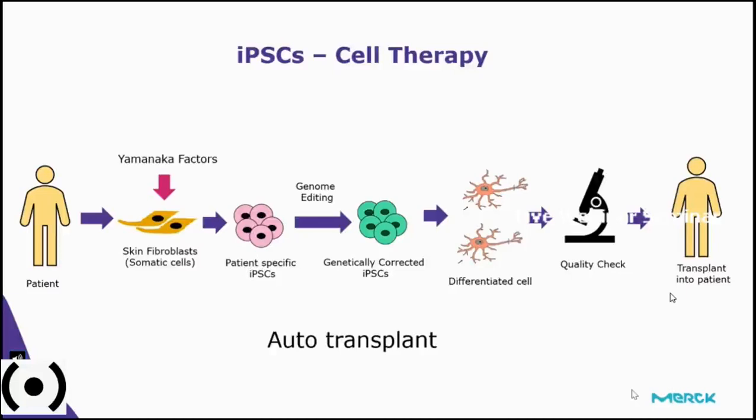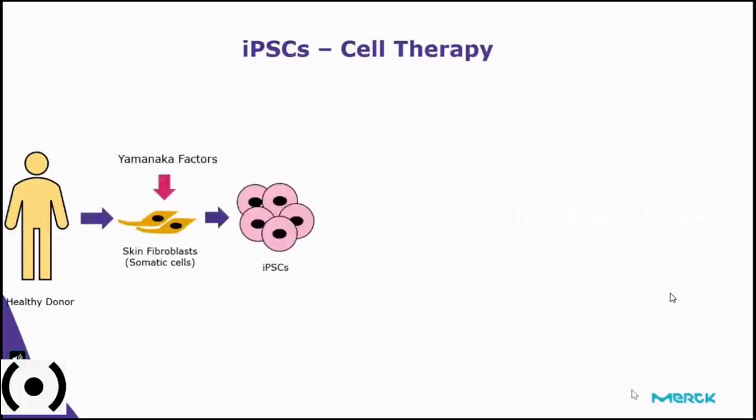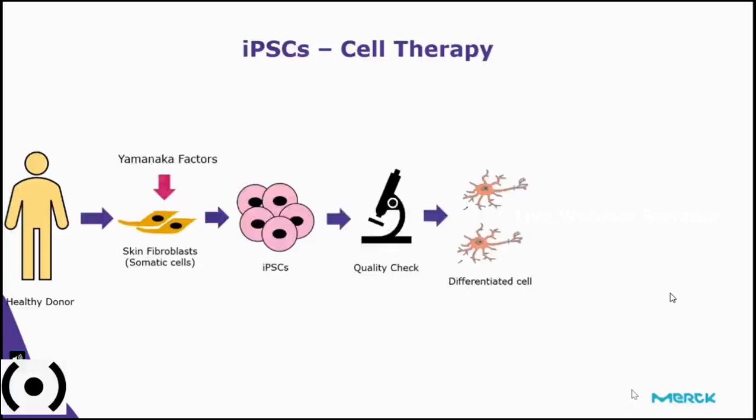There is one more scenario. Suppose you have a healthy donor, you can take fibroblasts from a healthy individual, reprogram them, generate healthy iPSCs, and then check the quality, then differentiate into any cell type: for cardiovascular disease, heart muscle cells; for bone, cartilage cells; for diabetes, beta cells.